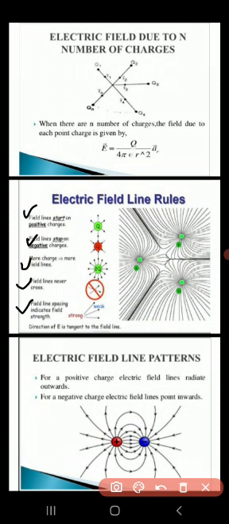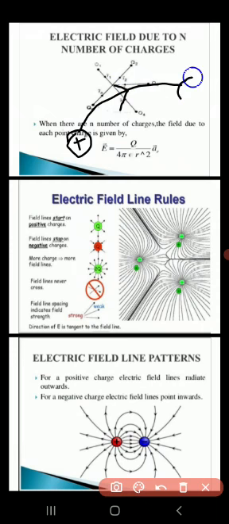And since an electric field line is a continuous curve, if you draw a tangent at any point on that curve, then that tangent gives the direction of electric field at that point. Now let us explain it once again. Electric field lines start from the positive charge and they end at negative charge.